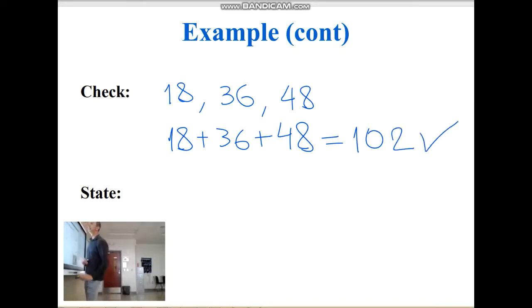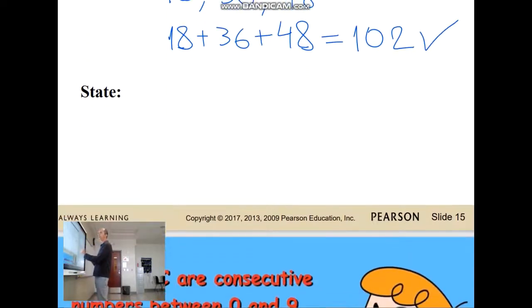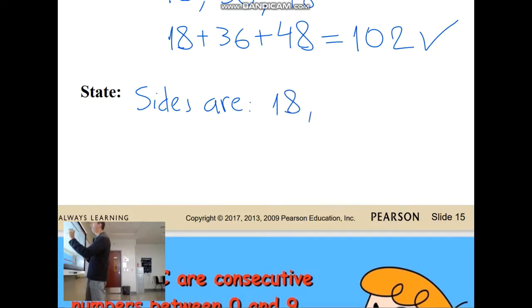This is okay, the true statement, and you can now come to the conclusion that the 3 sides are 18, 36, and 48 feet in length.